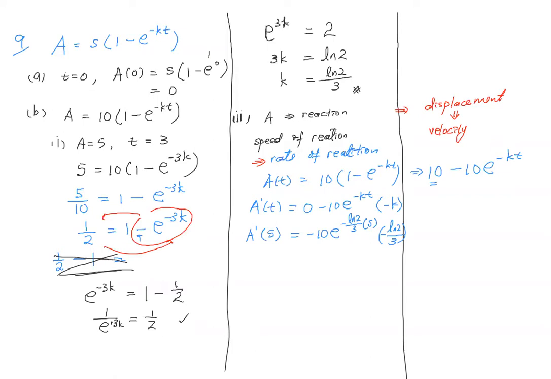So if during the exam you don't know what to do, you always ask yourself, speed is related to what? Speed is related to time, correct? So that means this is rate of reaction. How fast it reacts. That is another meaning of rate of reaction.